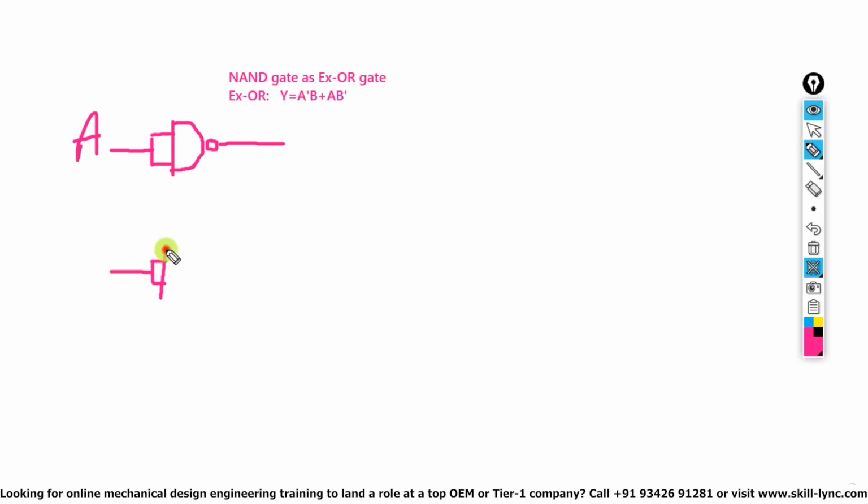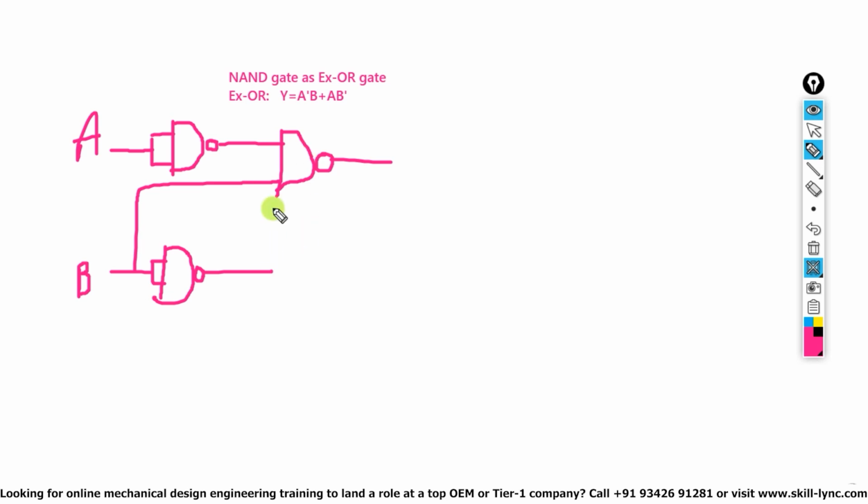Similarly, I will take B and produce B bar. Now A bar is with me, B bar is with me. I want A bar into B. It will become A bar B whole bar because it is a NAND gate.